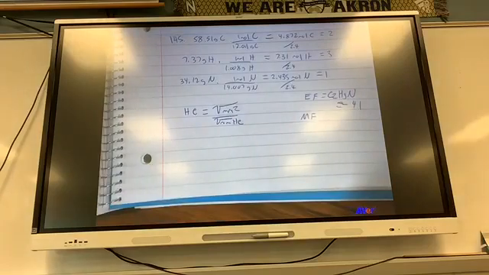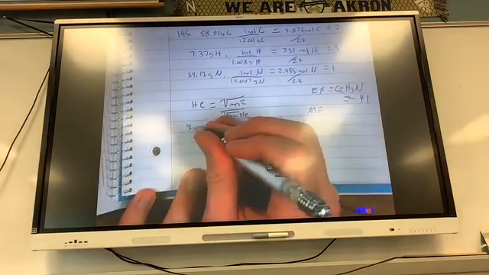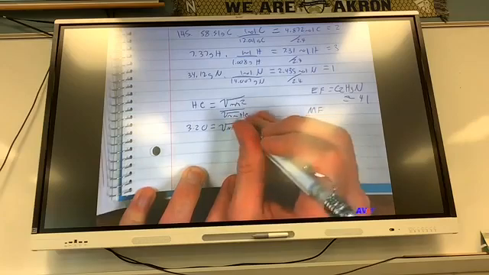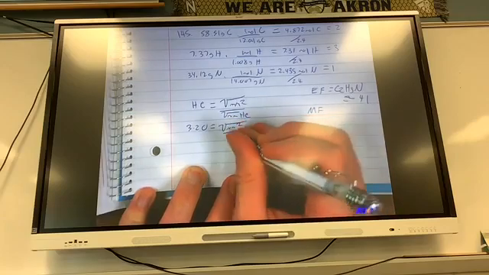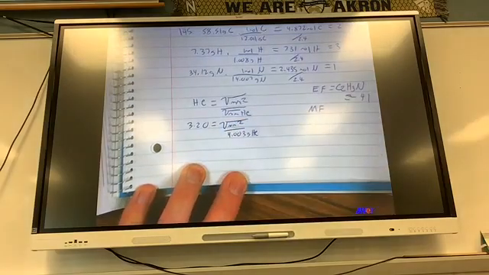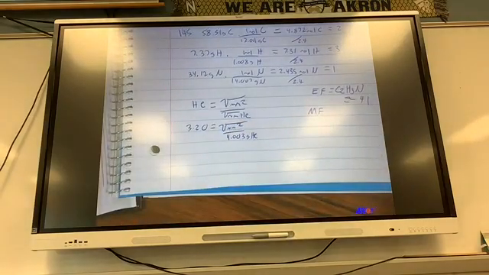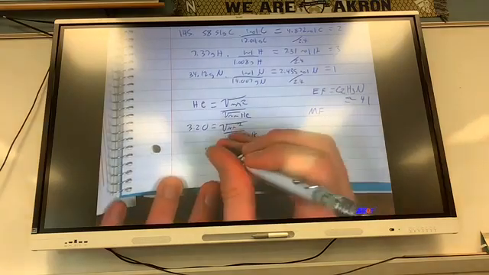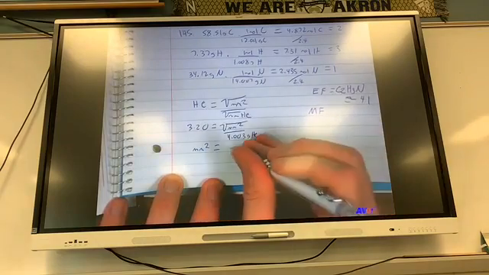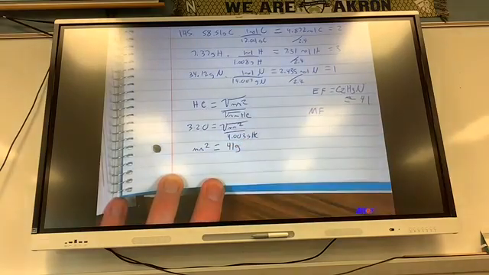And they gave me the rate on the left side, which is 3.20. So 3.20 is equal to the square root of molar mass 2 over 4.003 grams of He. Now I can figure out my molar mass 2. Once I solve for molar mass 2, it's equal to 41 grams.